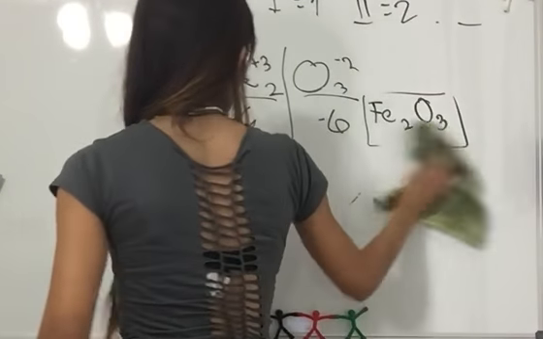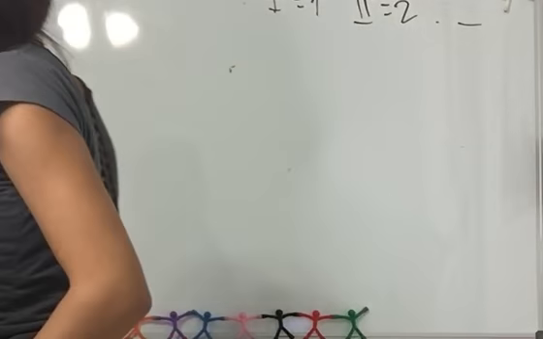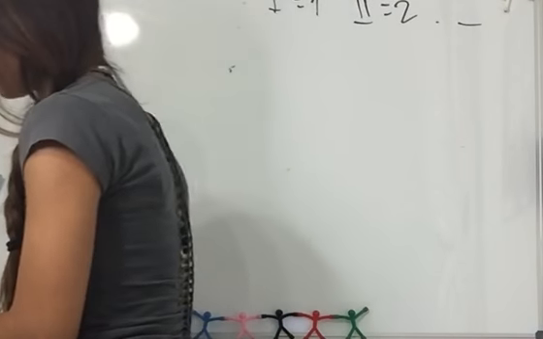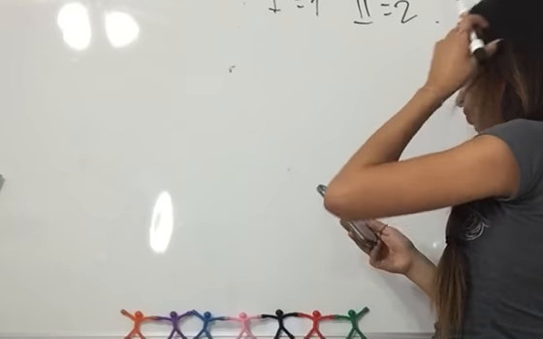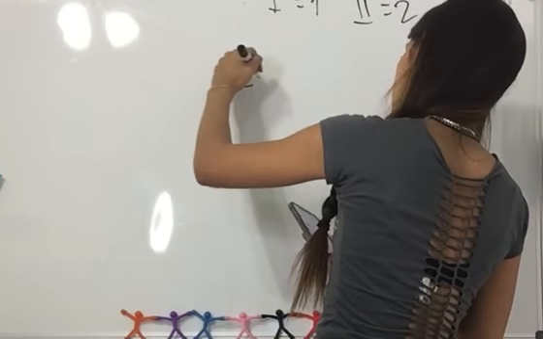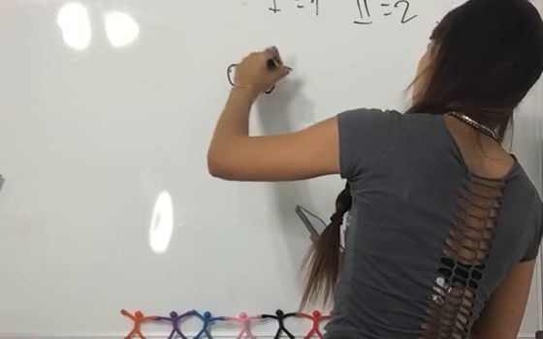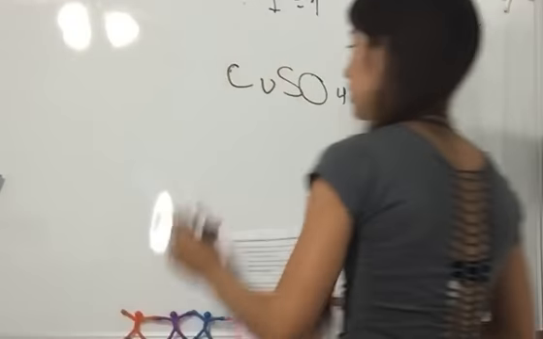Okay, now let's do some examples that are in the homework that we did, just to get extra practice. So let's say that you are given CuSO4. So you know that this is Cu.